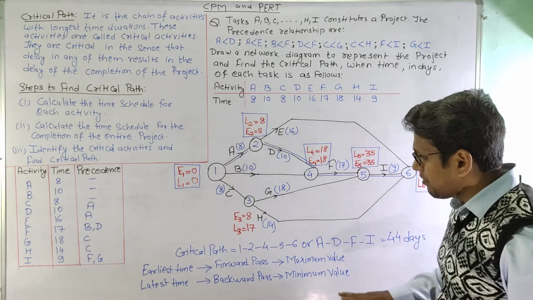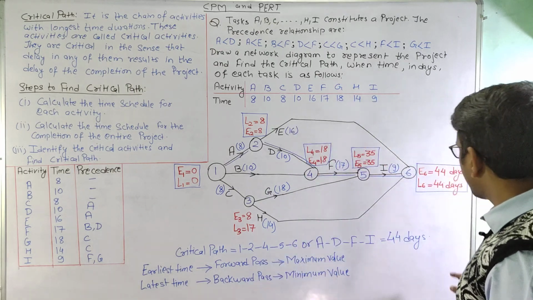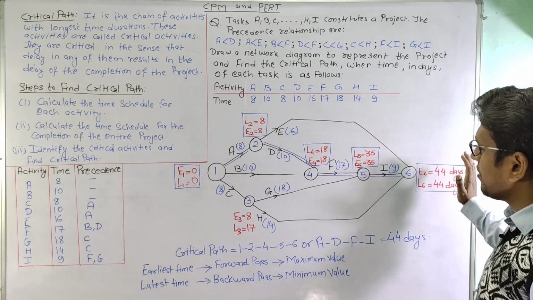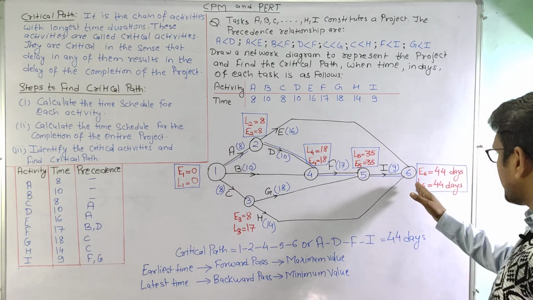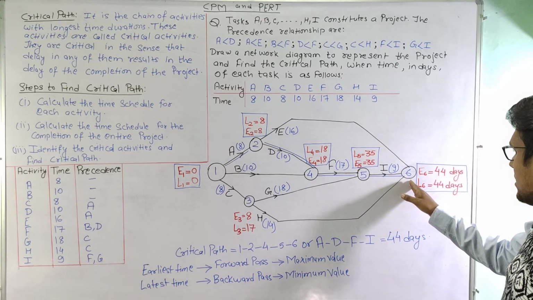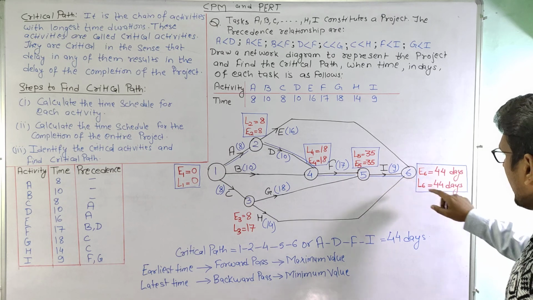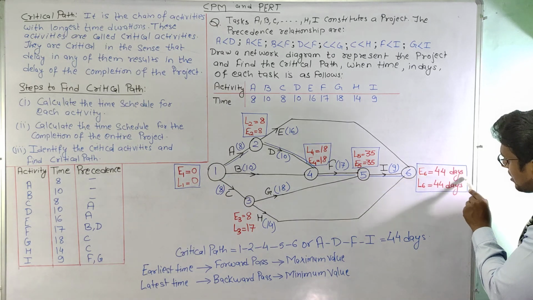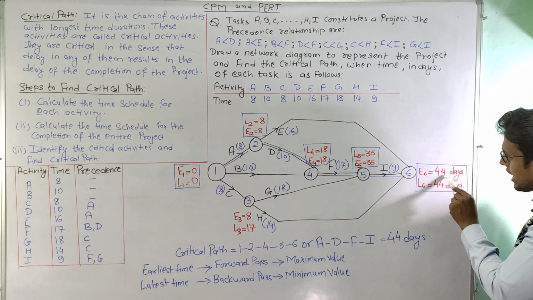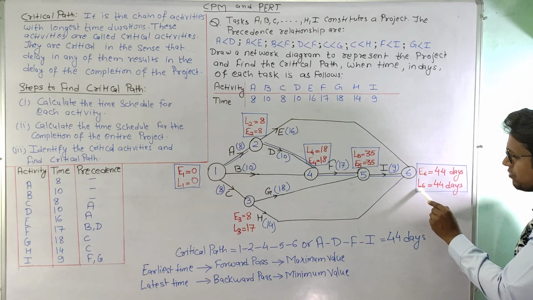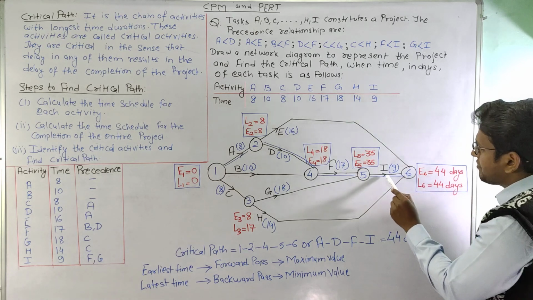So in order to calculate the latest time, we start with the backward pass. That means we will start from the final node or terminal node, and we will take the project completion time as the final value of L6. Then we will reduce this.